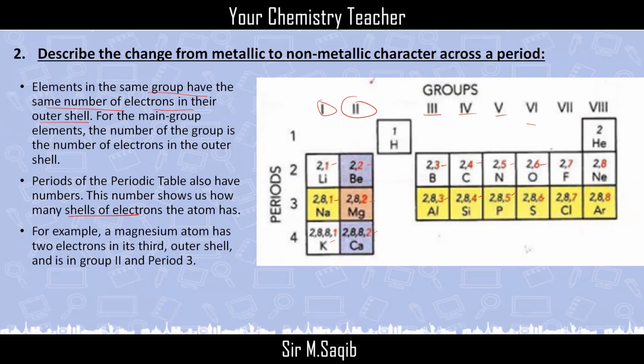If an element belongs to the first period, it will have only one shell. If it belongs to the second period, it will have two shells. As you can see here, there are 2 electrons in the first shell and 1 electron in the second shell. If the element belongs to period 3, it will have 3 shells, and if it belongs to period 4, it will have 4 shells. For example, let's talk about magnesium.